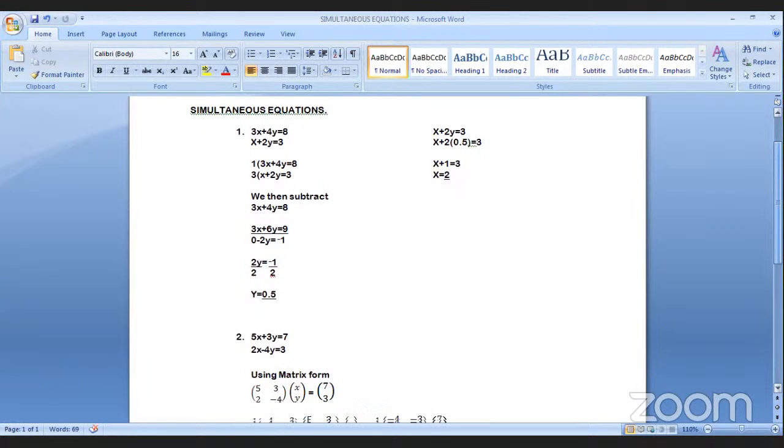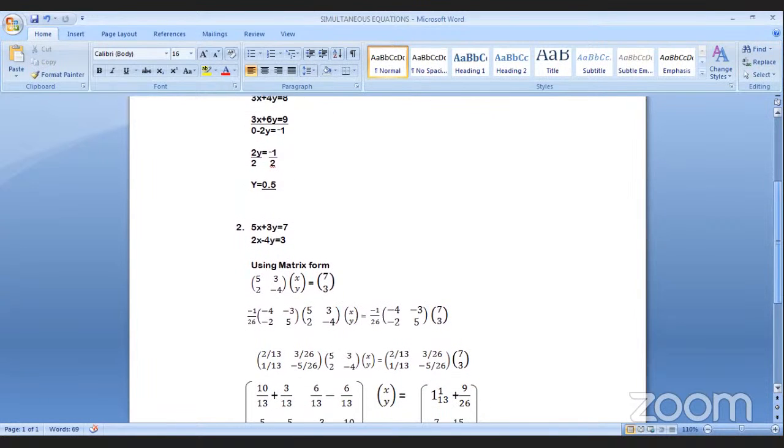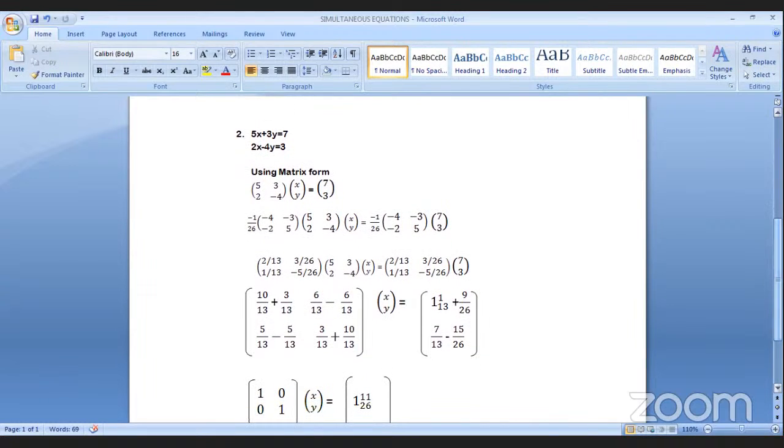And for the second number, I used matrix form. So we form matrices, those that are part of the x unknowns alone and those of the y unknowns alone. Then the x and y unknowns alone equaling to what had been given to us here.